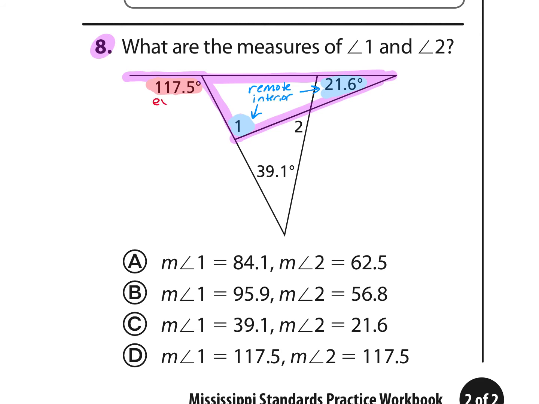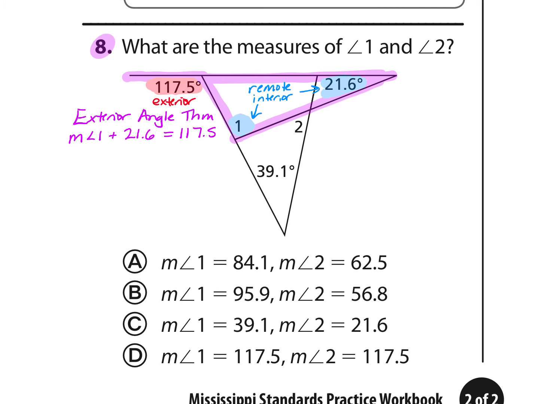And then we have one exterior angle. So I can use the exterior angle theorem. It states that the two remote interior angles, that's the measure of angle 1 plus 21.6 degrees, add up to a sum that would be the exterior angle, 117.5 degrees.